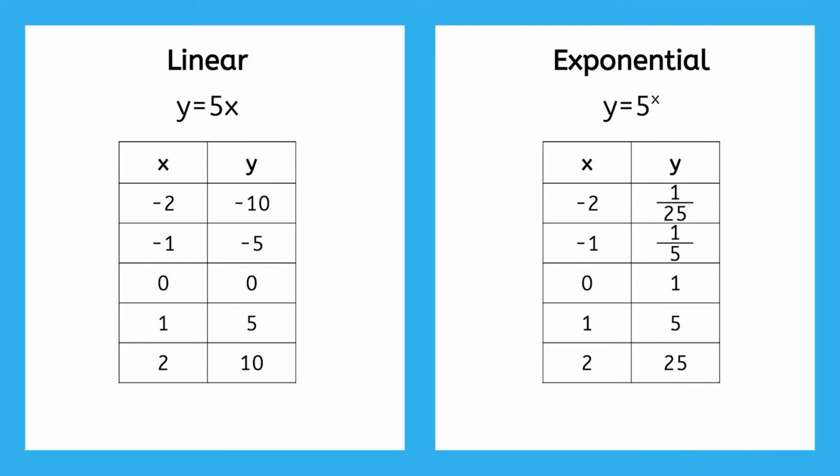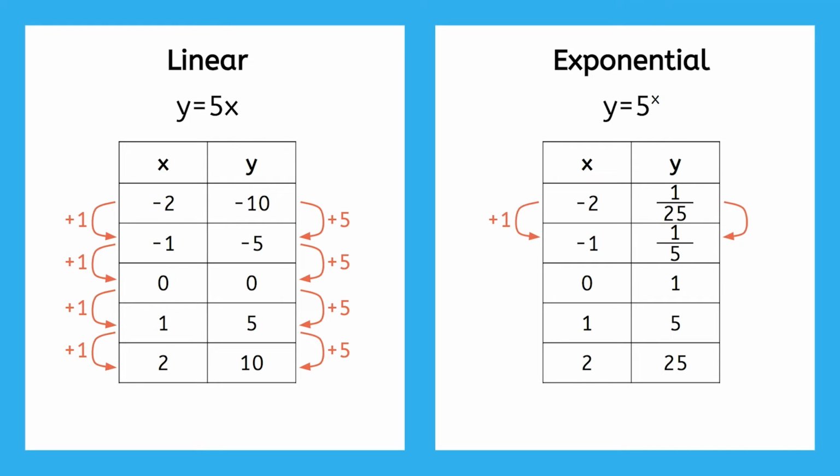Now that we have both tables filled in, we can see some cool differences between them. Check this out. In the linear function, every time the x value increases by 1, the y value increases by 5. But in the exponential function, when the x value increases by 1, the y value, well, sheesh, here it increases by 4/25, and then it increases by 4/5.